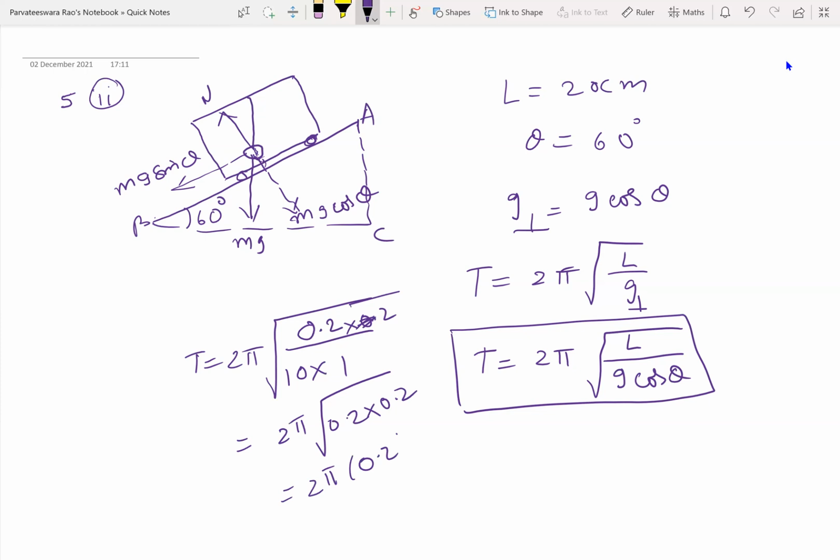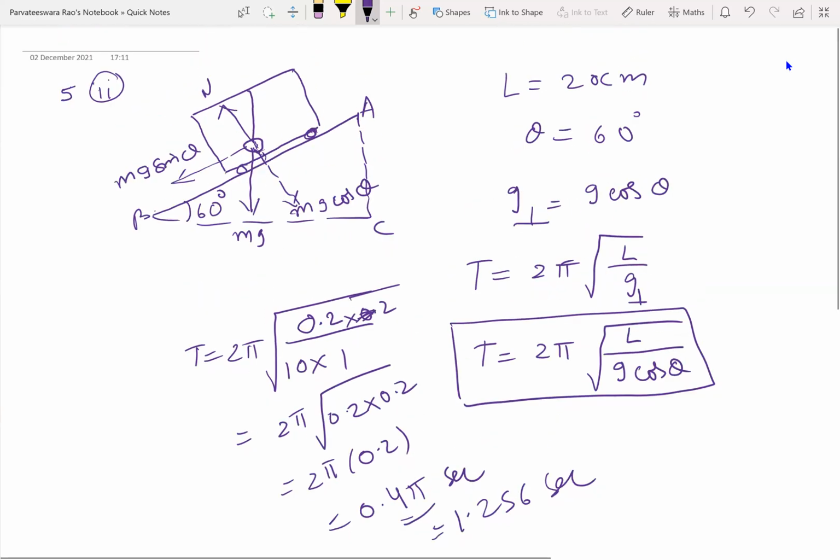So 0.4 pi seconds, that is 1.256 seconds. This is also an important concept: pendulum in a trolley rolling down the inclined plane.